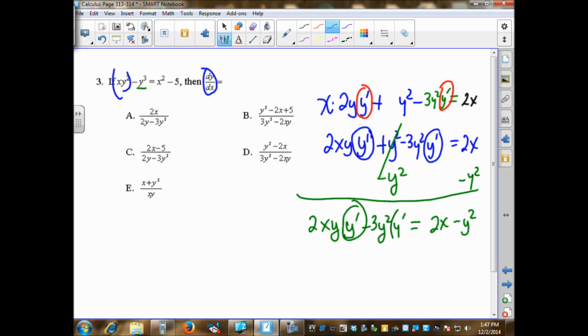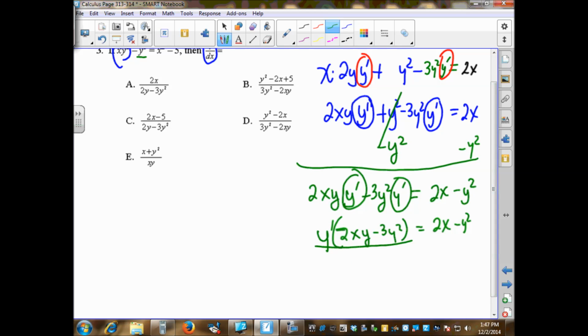We can factor out y derivative in common. And now divide both sides by 2xy minus 3y squared.